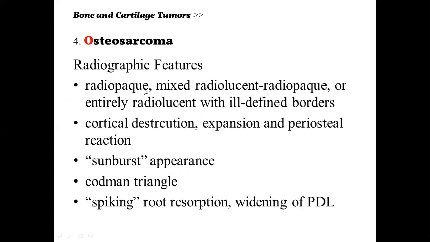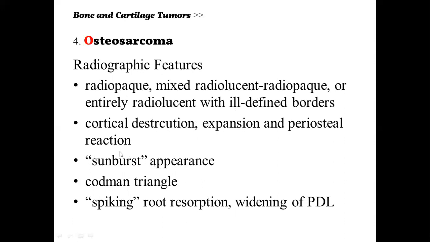Radiographically, it will show as radiopaque, mixed radiolucent-radiopaque, or entirely radiolucent with ill-defined borders. There is cortical destruction, expansion, and periosteal reaction. With this expansion and periosteal reaction, we see its most pathognomonic radiographic feature, which is the sunburst appearance.